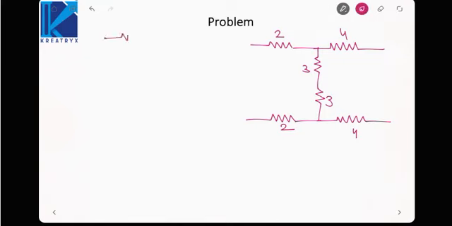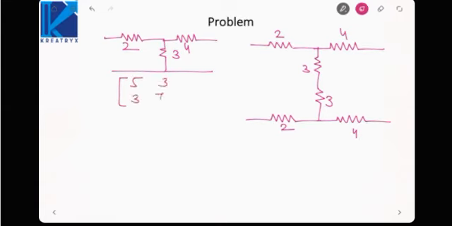So we must identify the Z parameters of this original network. That is 2, 4 and 3. If you identify the Z parameters, it will be 2 plus 3, 5, then 3, then 3, then 4 plus 3, 7.